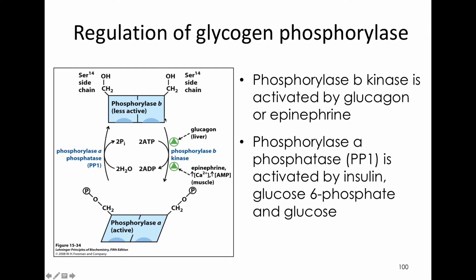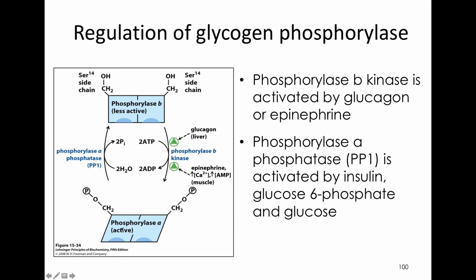Under the condition that the body releases glucagon or epinephrine, this signal is going to promote the activity of the enzyme phosphorylase B kinase. Phosphorylase B kinase will phosphorylate the serine residue of glycogen phosphorylase to make this an active version of the enzyme.